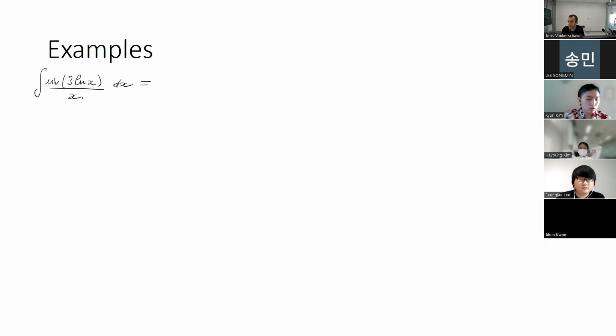This is a prime candidate for integration by substitution because you see that ln x, so if you put t equal to ln x, then dt is going to be the derivative of that, so 1 over x times dx, and you see that dx here combines nicely with 1 over x to give us dt.